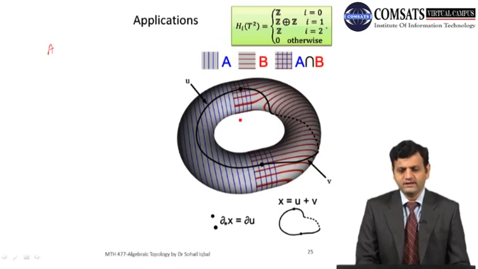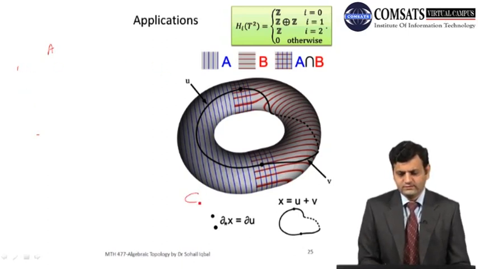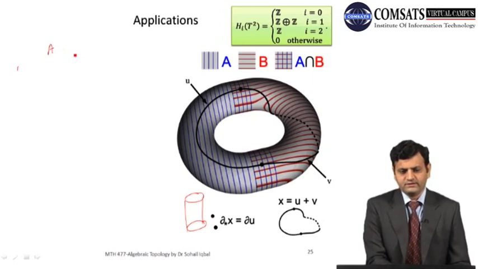So let's consider this cylinder. This cylinder has the base of the cylinder as the deformation retract of the cylinder. So we can say that this set A has a circle as deformation retract.